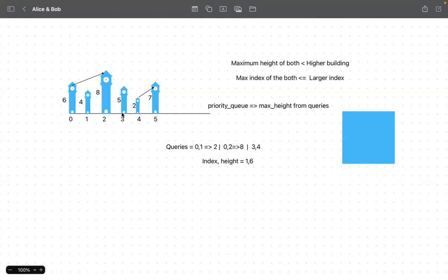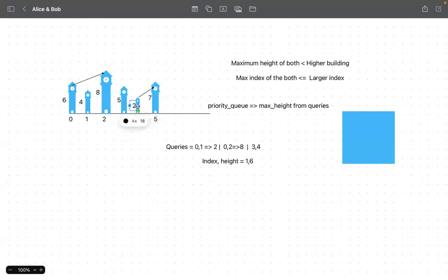Then we have come to the third index. At the third index, is there any query to be served? No, because the priority queue is already empty. Then we see if there is any query to be added into the queue. Nothing, because its index is 4, not 3. So we will directly come to the next index.